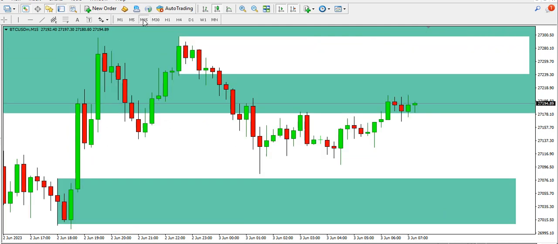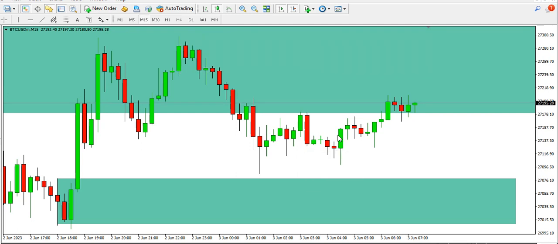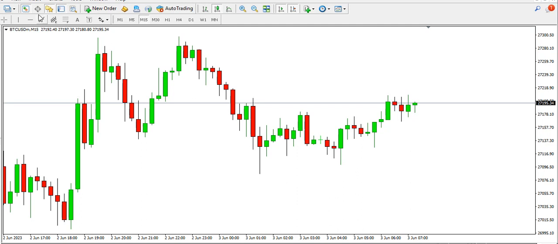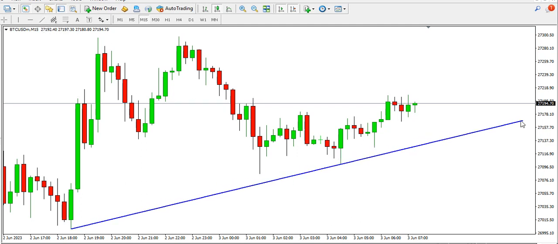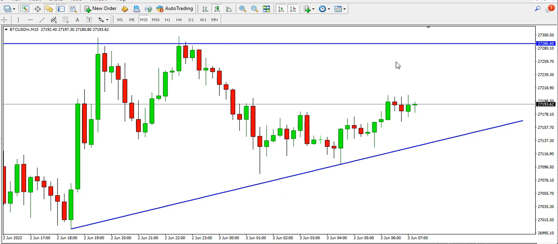On the 15-minute time frame, we can see price is gradually edging up. This is a low, this is another higher low, and we can see more like a cup shape. Price is forming a cup shape. So a likely target for price near term is the 27286 level.